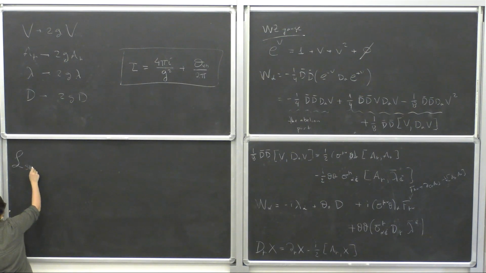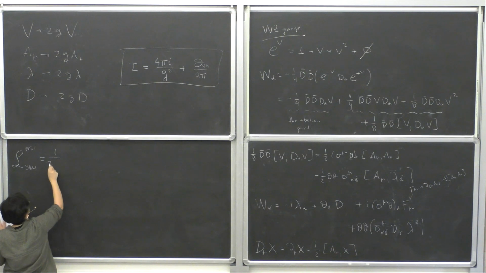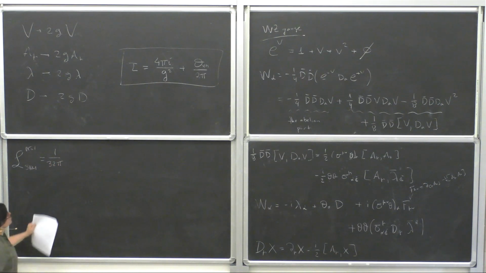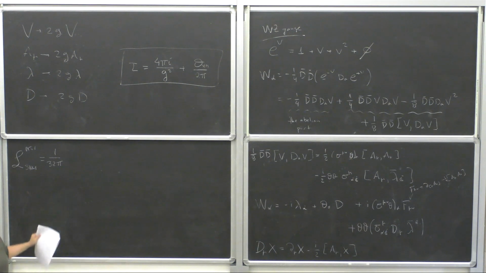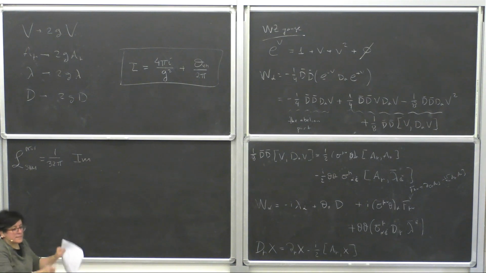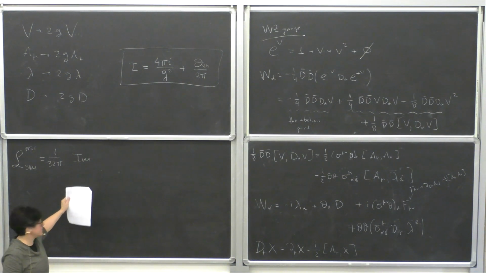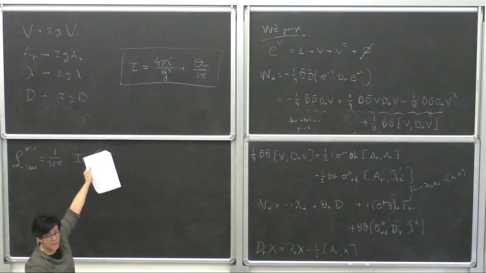Super Yang-Mills, N equal to 1, equals. Okay, because there are pi's, there need to be pi's here in the front. I'm sorry. And instead of writing W alpha plus Hermitian conjugate, I will write the imaginary part of tau, my coupling.